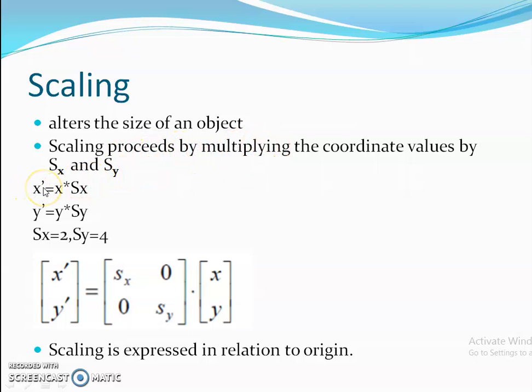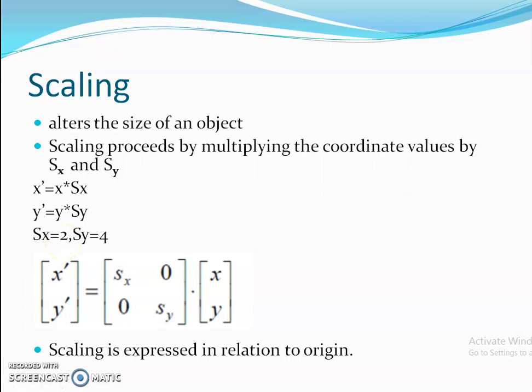That's why our new position x dash equals old position into sx, and y dash equals old position into sy. Like tx and ty, sx and sy are constant values.